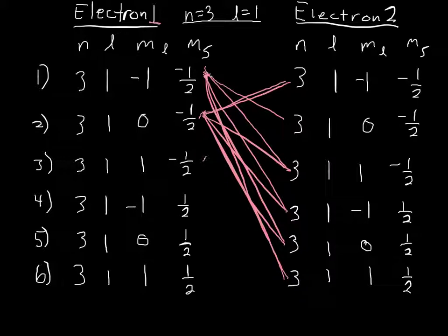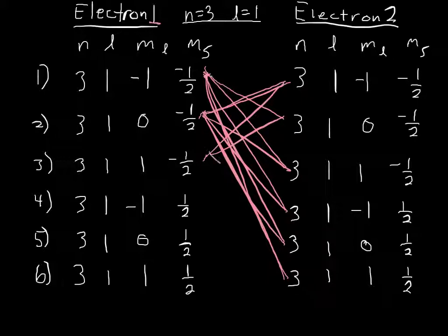I'm in the third state. Electron 1 is in the third state, so I'm at 10 different state combinations possible now. So 10, 11, 12. I can't go straight across because they can't be in the same state. Pauli exclusion principle.